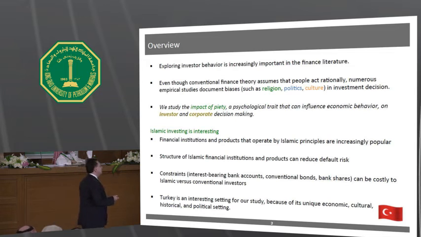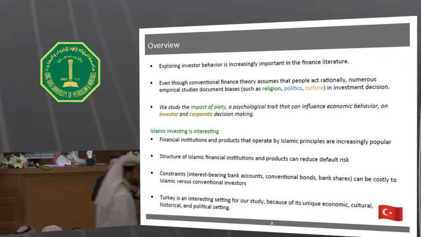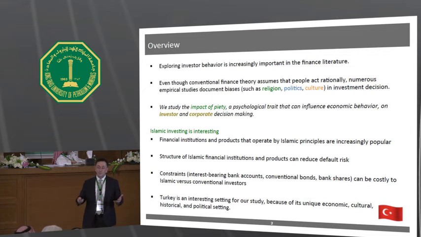But the problem is that it comes with a cost, because the market is not well developed yet and it is not liquid. Because of that, investing in this market can be costly for Islamic investors versus the conventional investor.